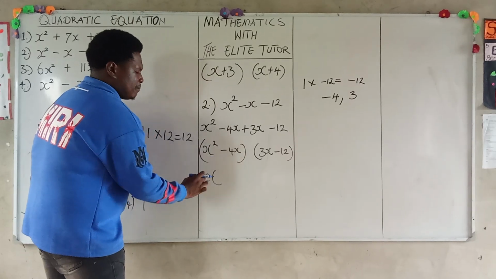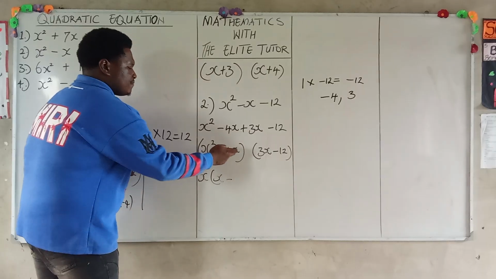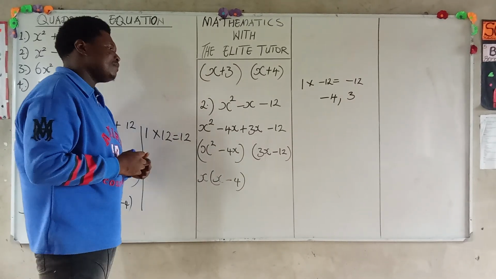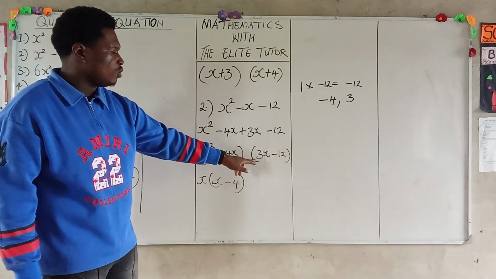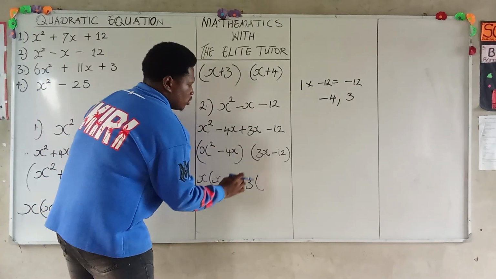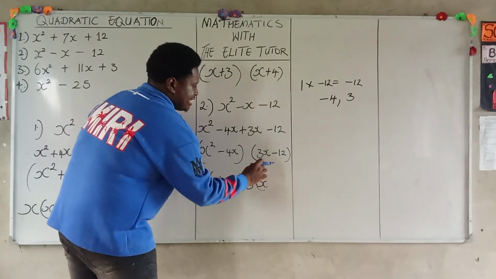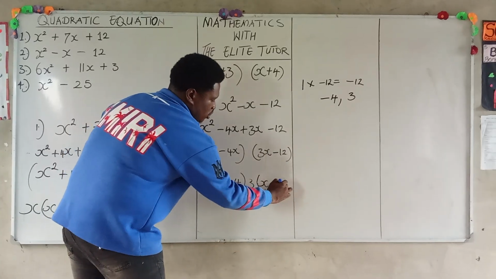X squared divided by x gives us x. Don't forget the minus sign. And then 4x divided by x gives us 4. Now we look at this bracket, what is common here? 3. So 3x divided by 3 gives us x, and don't forget this is your negative sign, and 12 divided by 3 gives us 4.